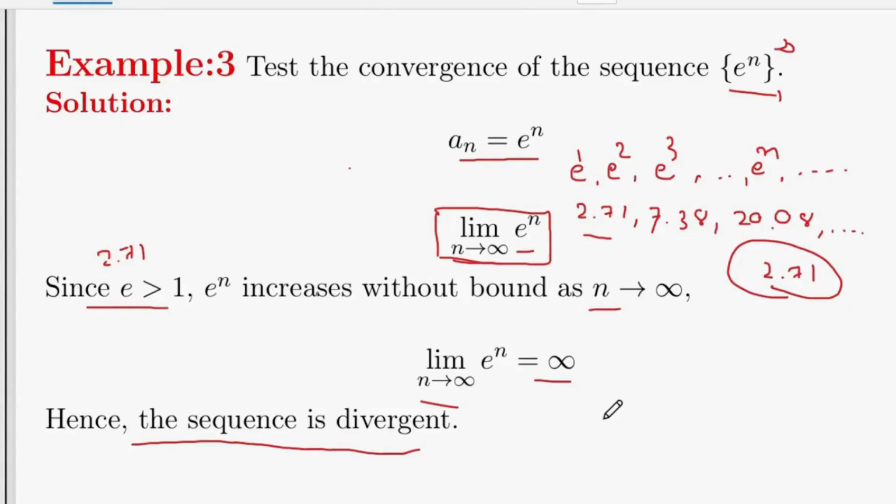I hope you all understand how to find limit n tends to infinity of e^n. Because e is 2.71, when you take 2.71, 2.71 squared, 2.71 cubed, as we consider n a very large number, this sequence approaches infinity. So limit n tends to infinity of e raised to n is equal to infinity. Hence the sequence is divergent.